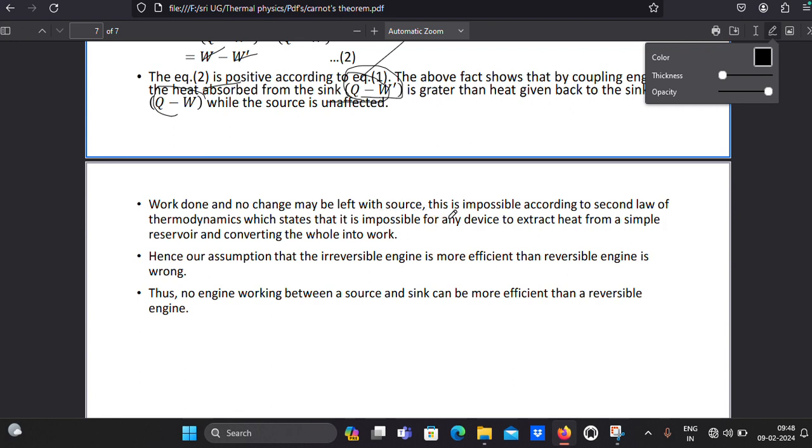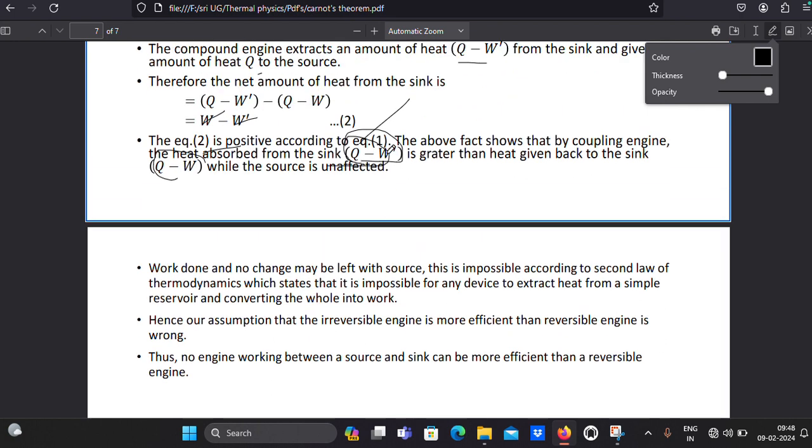This is impossible according to the second law of thermodynamics, which states that it is impossible for any device to extract heat from a single reservoir and convert the whole into work. What is it saying? The heat absorbed is greater.